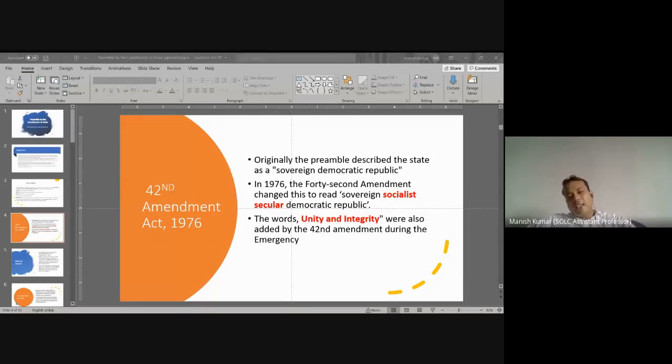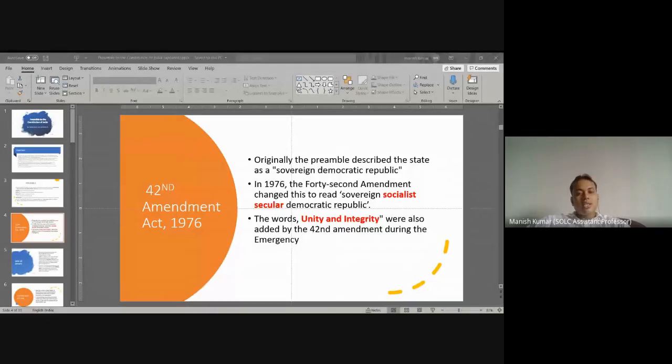But in 1976, the 42nd Amendment Act changed this to read: sovereign, socialist, secular, democratic, republic. The first line had the change.